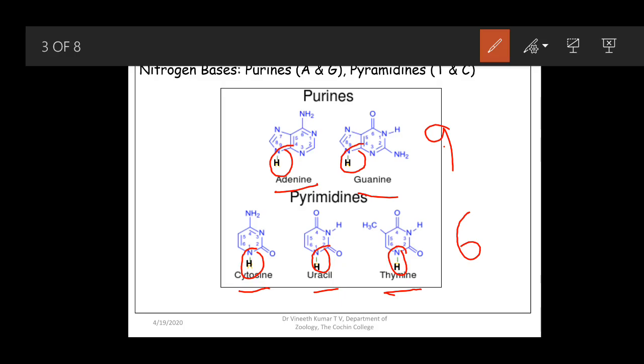So in purines it is N9, and in pyrimidines it is N1. This is the important region where the base pairs with the ribose, forming a nucleoside.